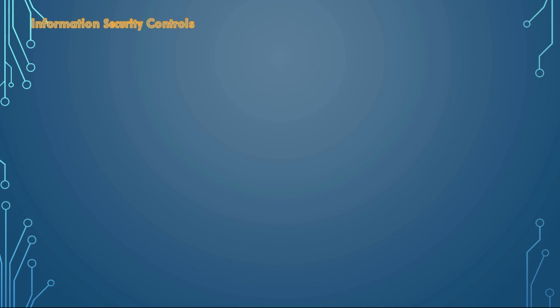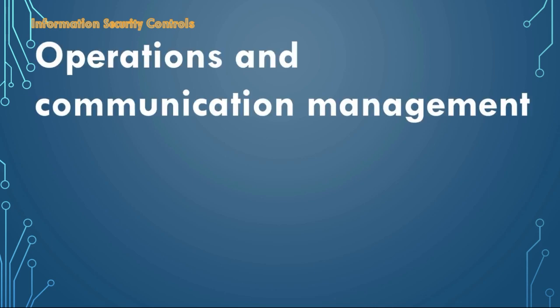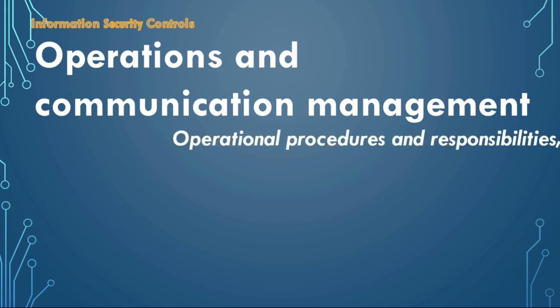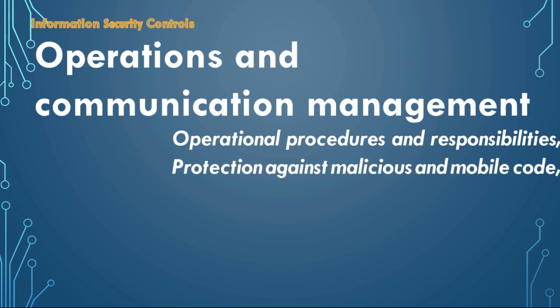A12, Operations Security. So, Operations Security fundamentally mentions the objective of having policies for operational procedures and responsibilities, protection from malware, backup, login and monitoring, control of operational software, technical vulnerability management, and information systems audit considerations, along with different controls associated with these.